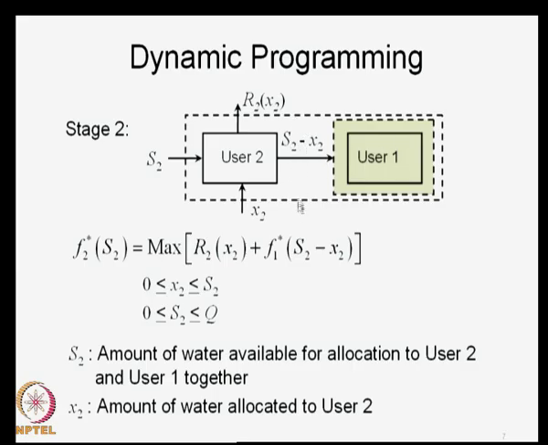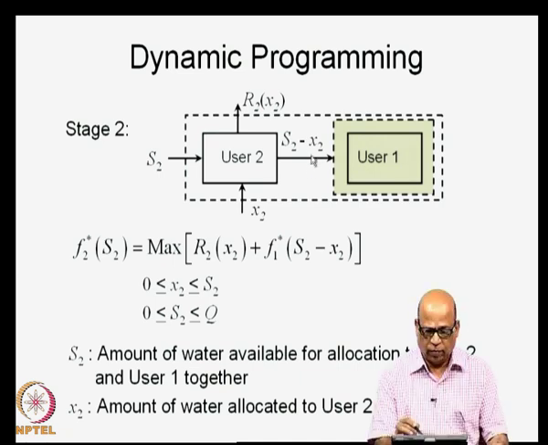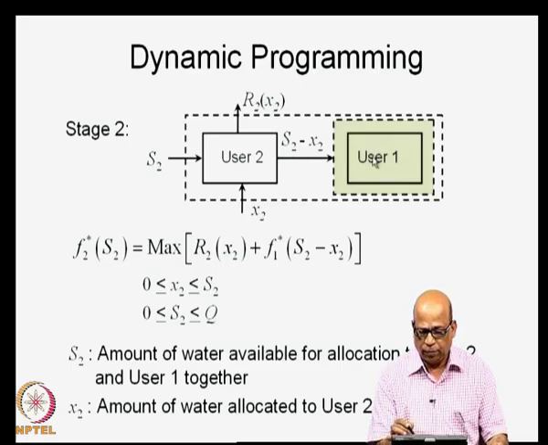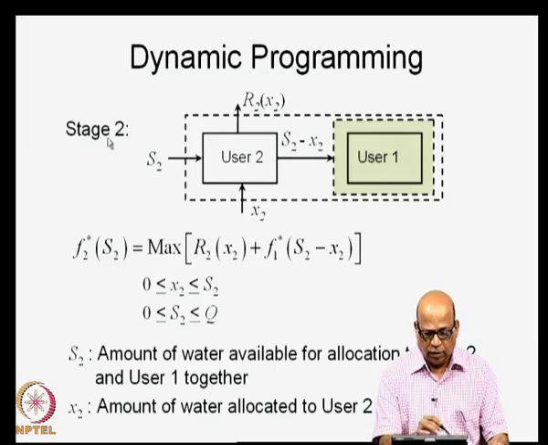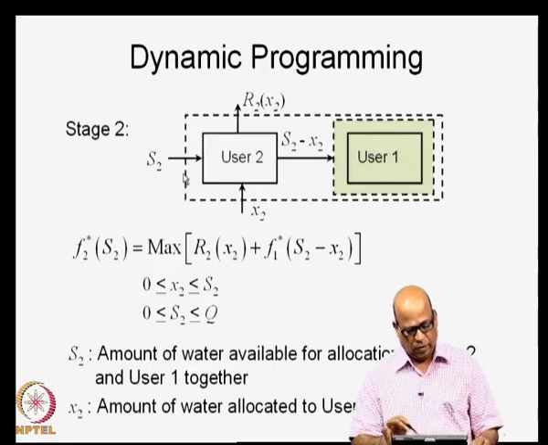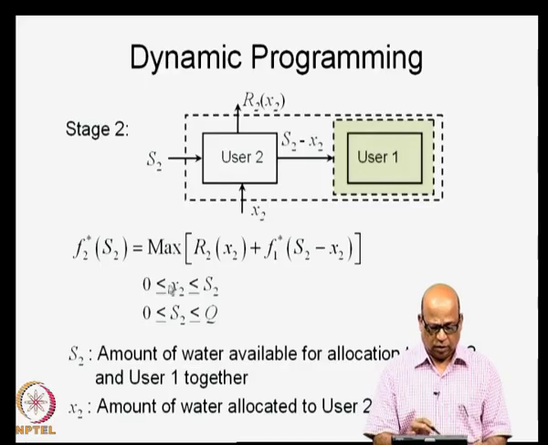For all amounts of water available here, we have solved the problem in stage number 1, and therefore, we know what is the optimal benefit that you get out of an allocation of S2 minus X2, and that is what we pick up. So, we write at stage 2 this recursive relationship, you understand correctly.